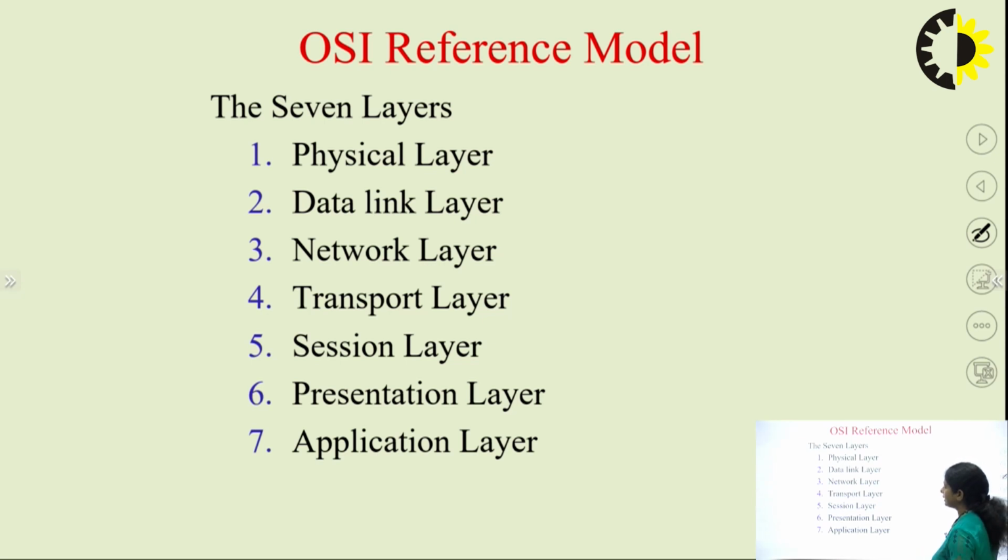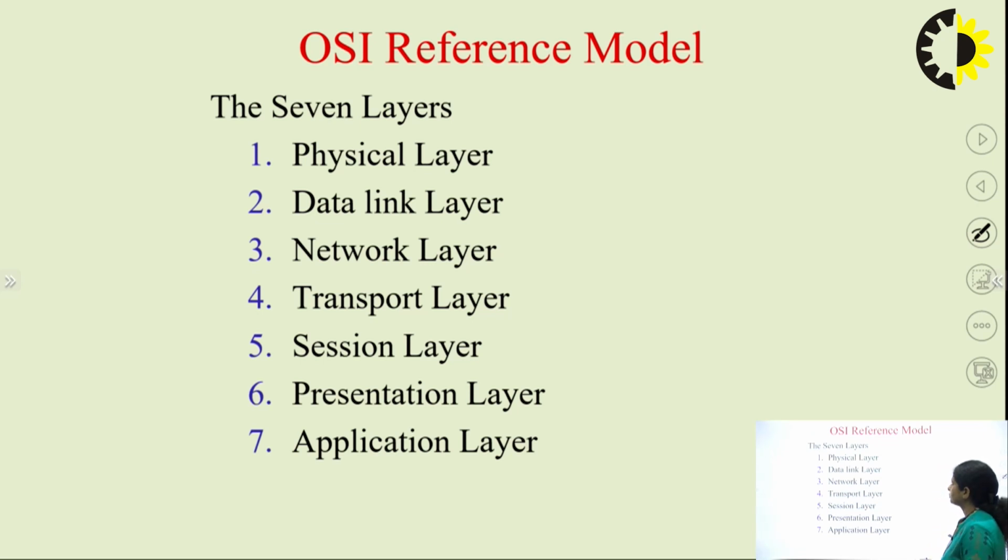Like the 7 layers we have: physical layer, data link layer, network layer, transport layer, session layer, presentation layer, and application layer. The order of these layers is fixed, and each lower layer will be sending some data or services to its upper layer, right?